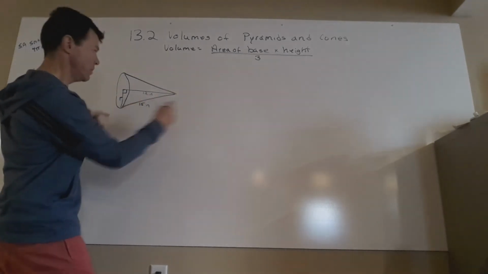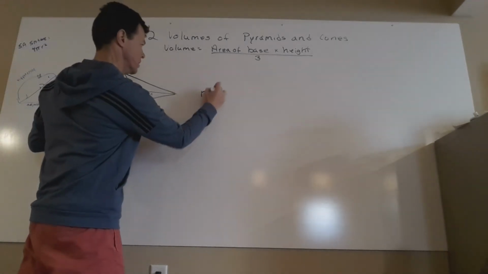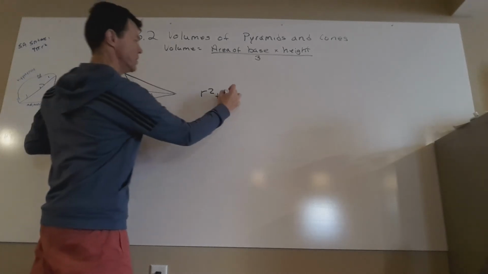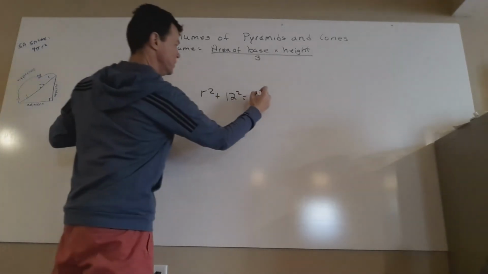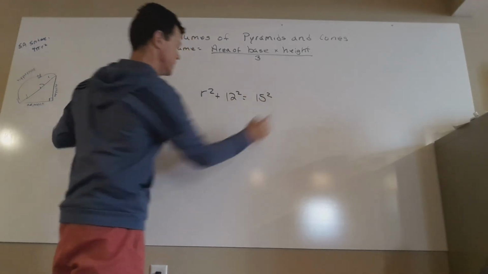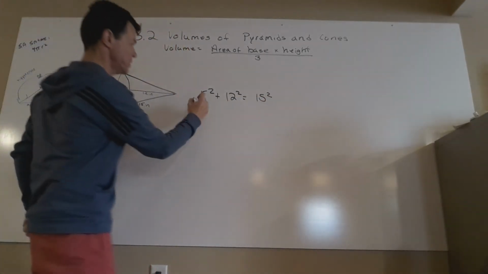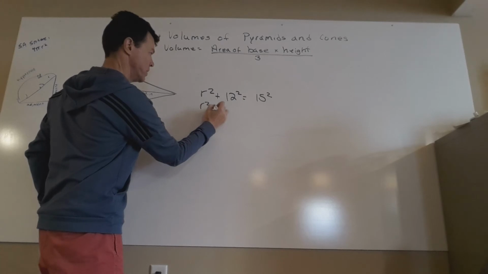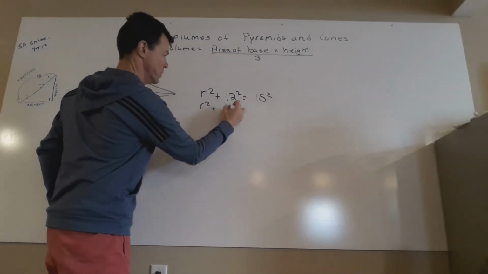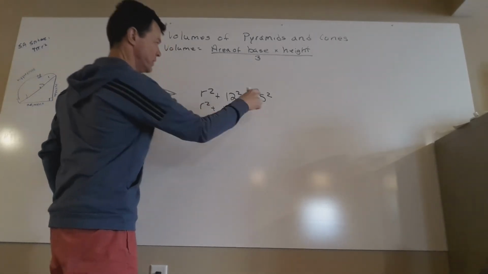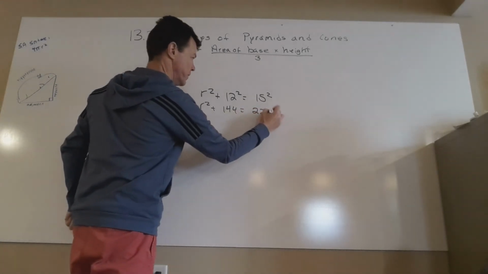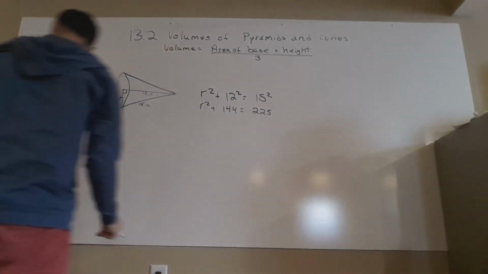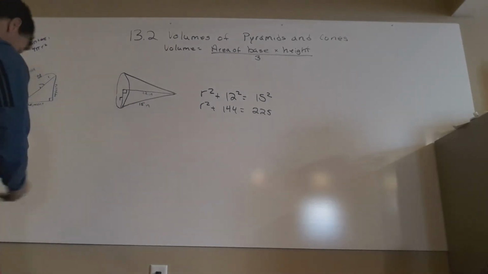So to get our radius, R squared plus 12 squared equals hypotenuse 15 squared. Calculate these out. R squared plus 144. 15 times 15 is 225. Subtract 144 from 225.